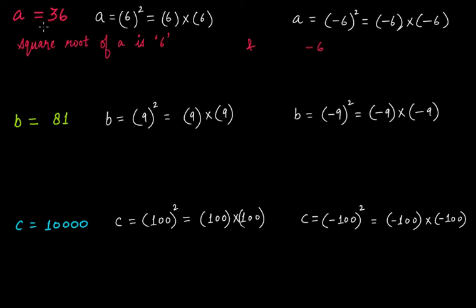Therefore, the square root of A, actually the square root of 36, is 6 and minus 6.